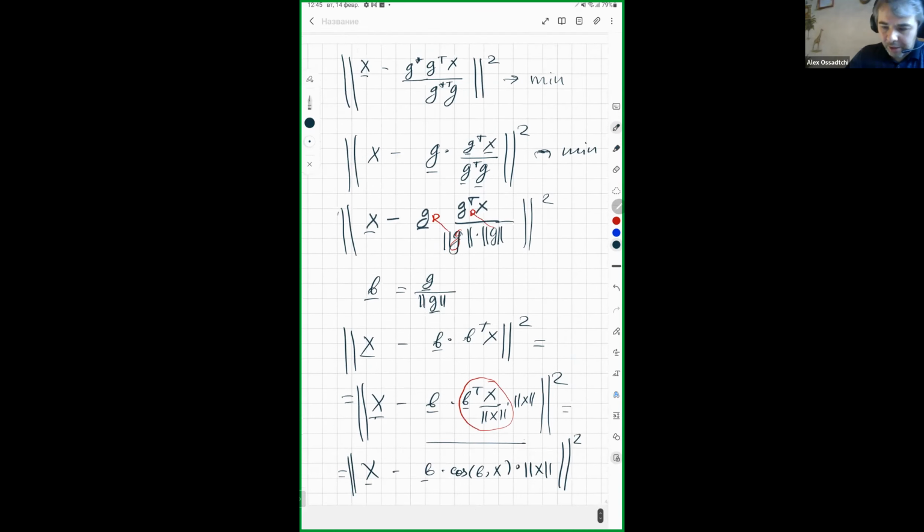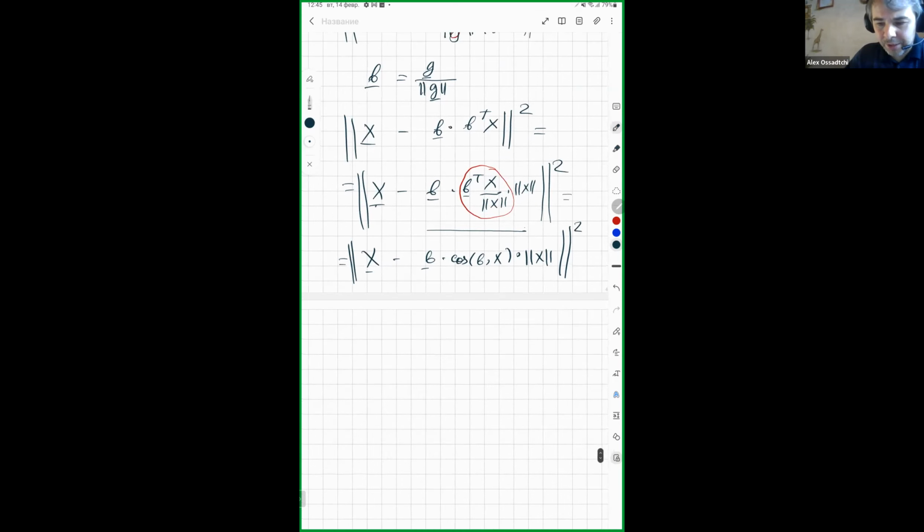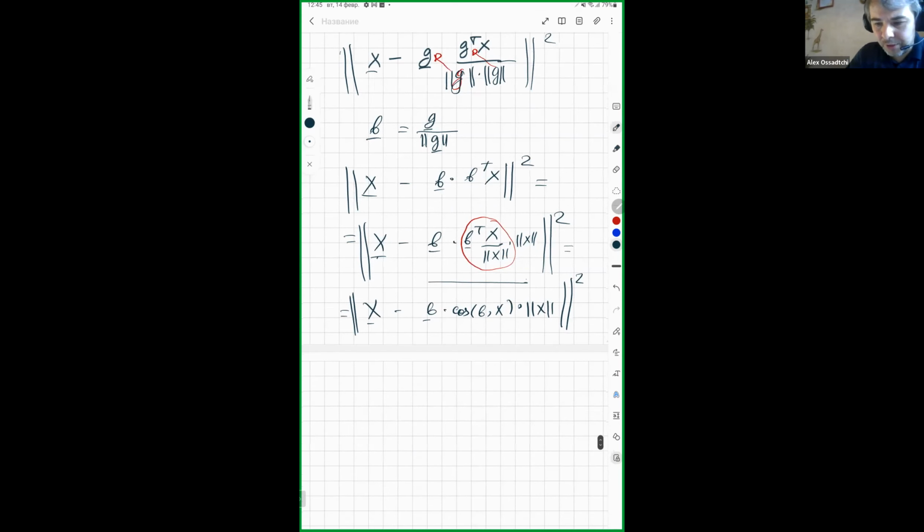In order to maximize this whole thing, all I need is to look for such a vector b that is aligned with vector x, where the angle between the normalized topography vector b, the normalized one, and your data is as small as possible.